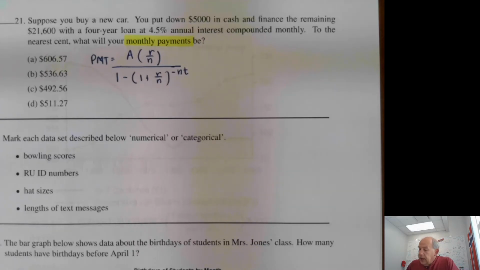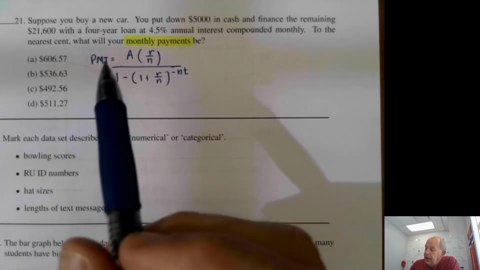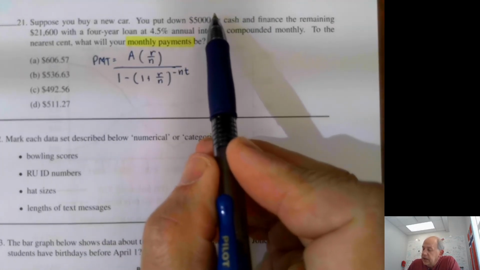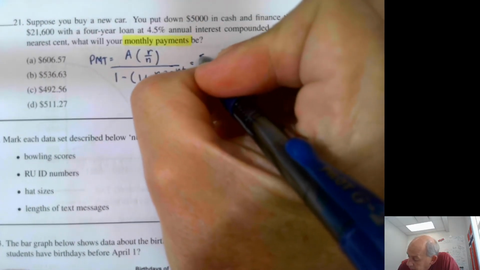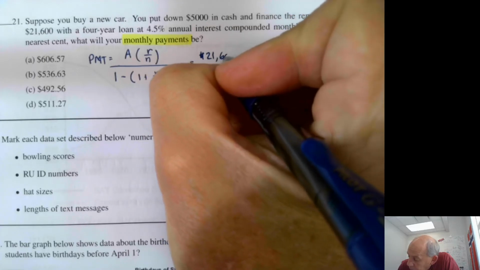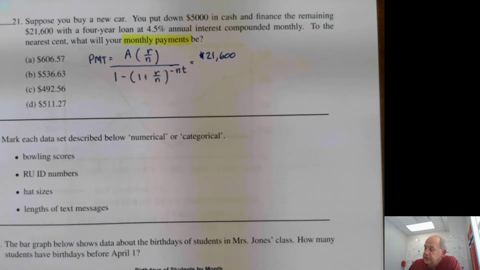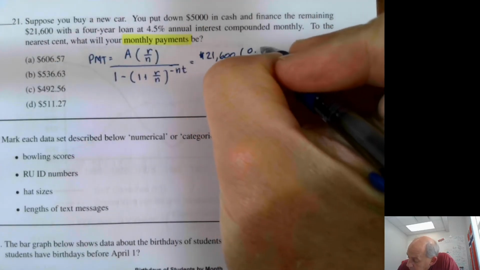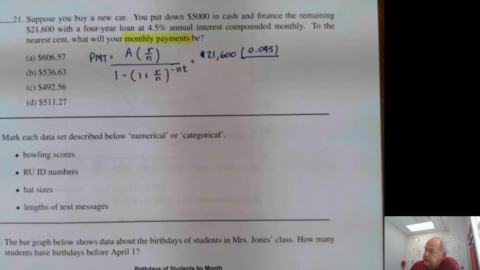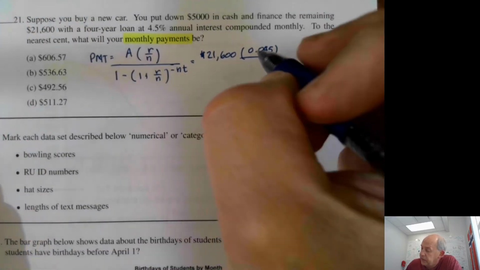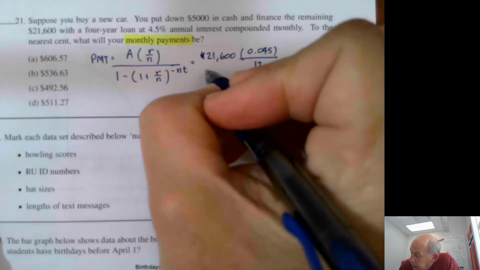Now, let's say we have $5,000 we put down on a car. We borrow the rest, $21,600. My interest rate is 4.5%, 0.045. I'm looking at 1 monthly payment.